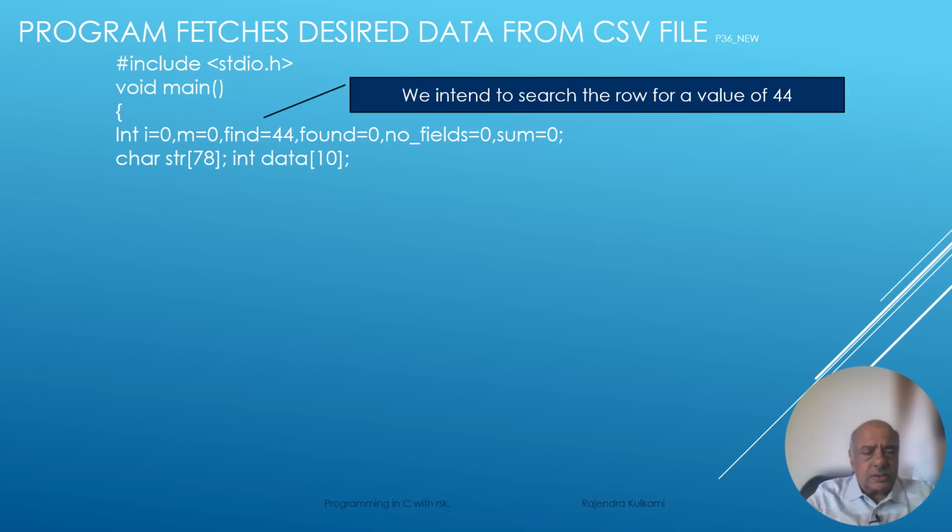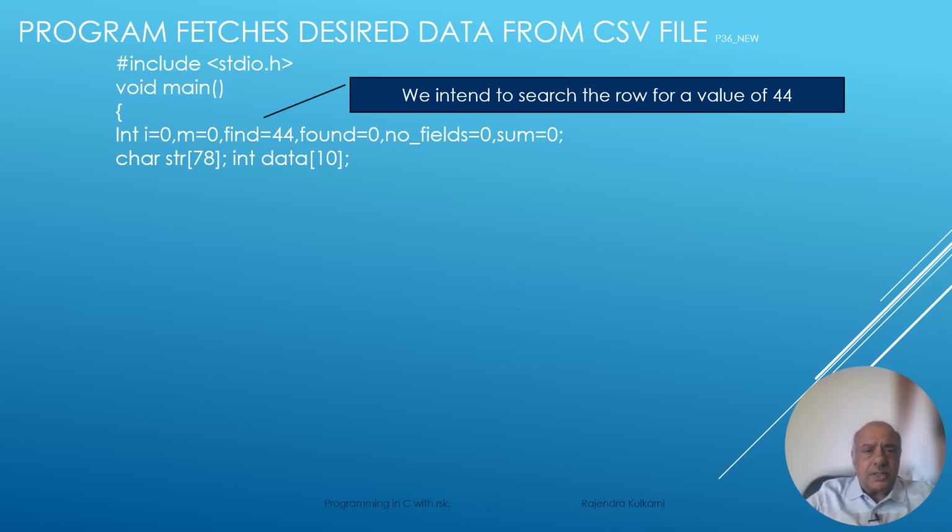Then we have a string and an int array named data subscript 10. It is an int array. What we will be doing is we will find the row containing the data starting from 44 as the identifier. That row will contain a text or a string when we read it from the file.